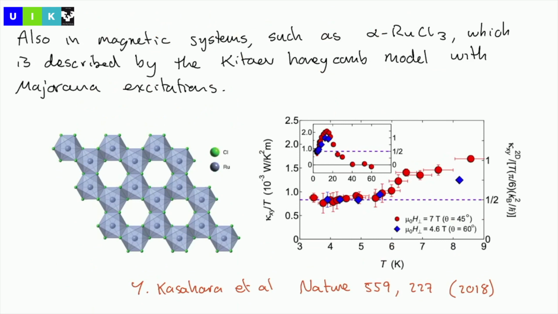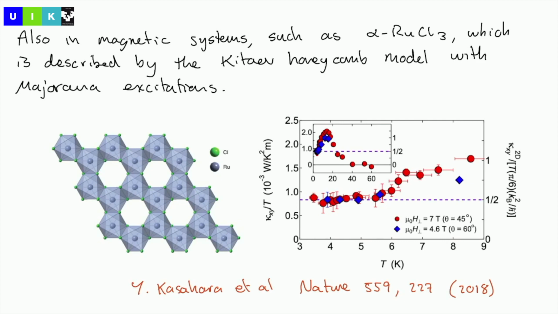In a slightly different system, we have some magnetic systems, such as this alpha ruthenium chloride. These are believed to be proximate to spin liquid states in their ground states. In particular, it's believed to be described, or approximately described, by the Kitaev honeycomb model, which has mobile Majorana fermion degrees of freedom.